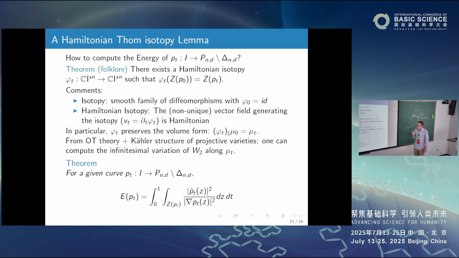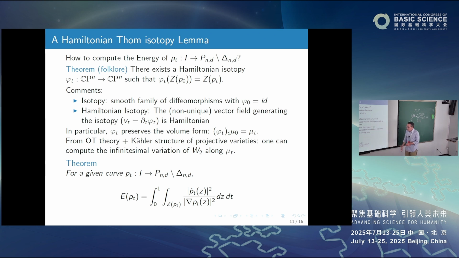The other nice thing that we liked a lot is that this formula is given for polynomials not going through the discriminant, and indeed here you have a penalization for arriving close to the discriminant, because you are integrating over the zero set 1 over the modulus of the gradient squared.